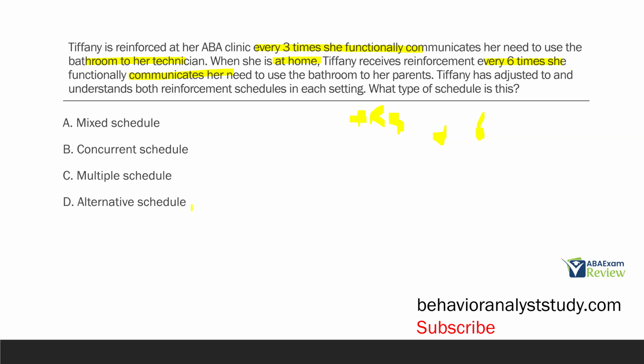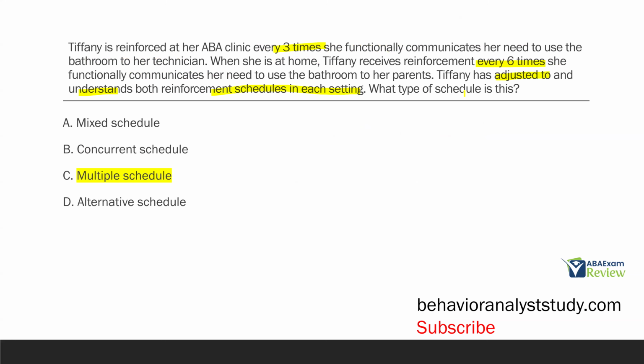So looking at mixed or multiple, the differentiator here is going to be the SD. Now, given that Tiffany has adjusted to and understands the reinforcement schedules in each setting, that is indicating there's an SD for these schedules. Because when she's at the clinic, there's plenty to signal 3 times. When she's at home, there's plenty to signal 6 times. There are SDs signaling what schedule is available.